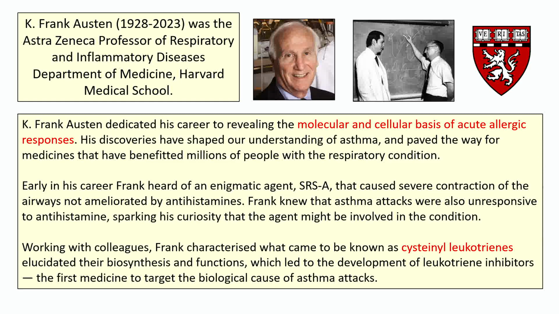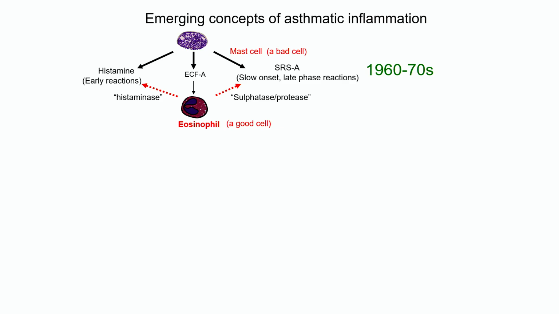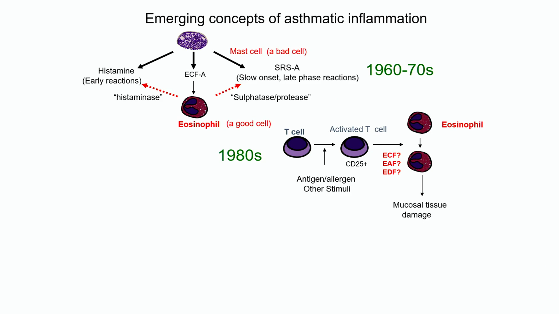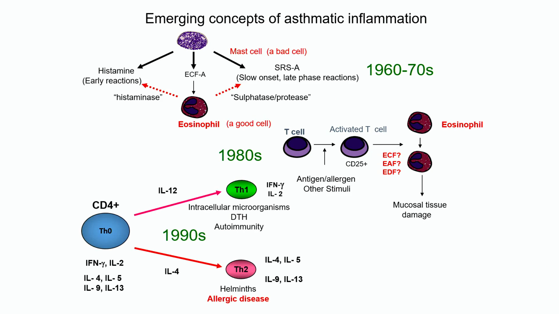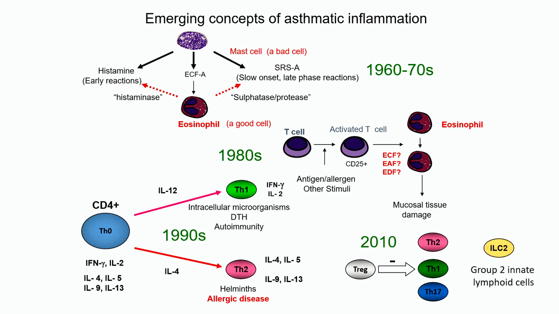What's also interesting is that he did his postdoc with Henry Dale at Mill Hill, and he started working on SRSA in those early days, trying to unravel what it was all about. And so really, when we look back on all of this, we can think about the inflammation starting to really take up a positive position in the asthma paradigm now.